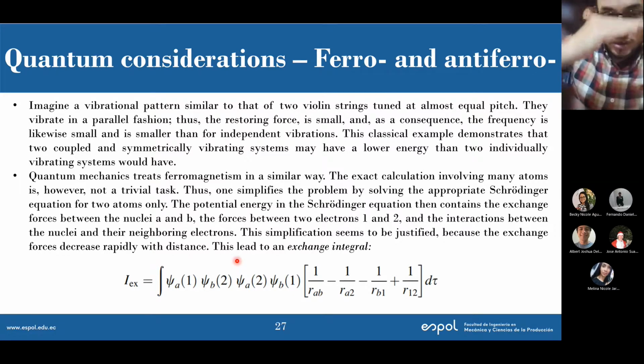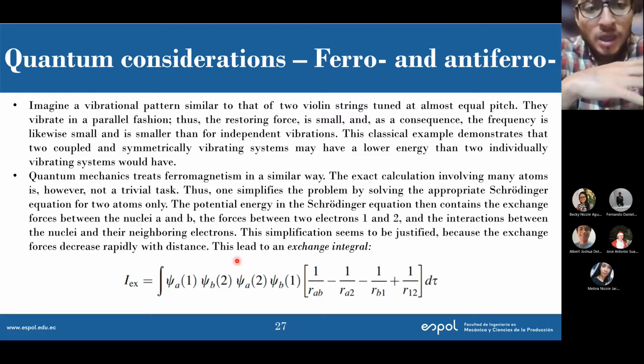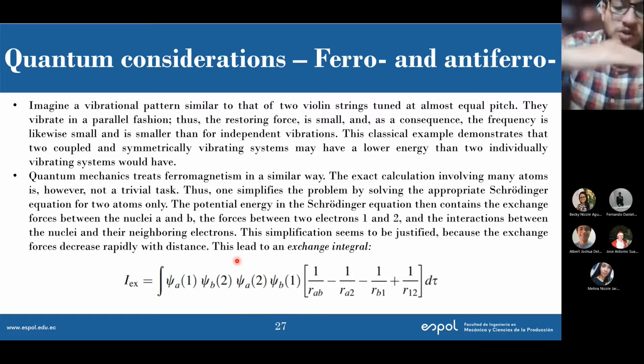And obviously, because they're vibrating, there will be a restoring force that takes them back to the original position, and then again they vibrate, and again come back to the position. So that restoring force should be really small, because it's really a small vibration, right?